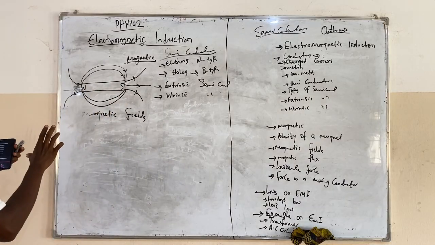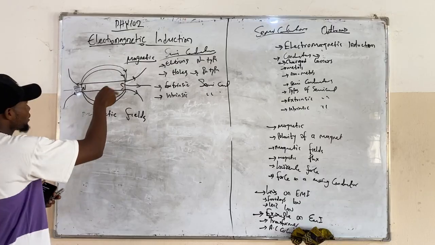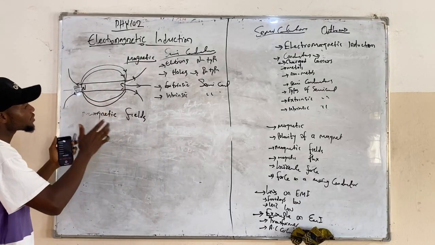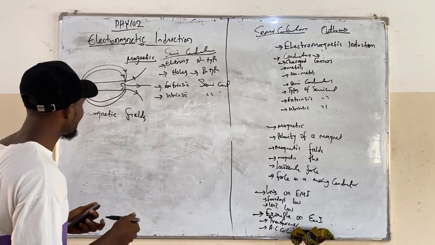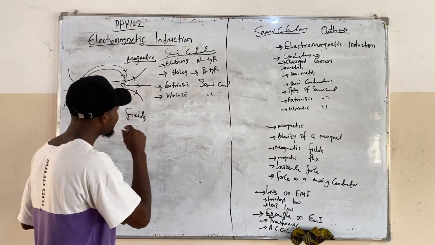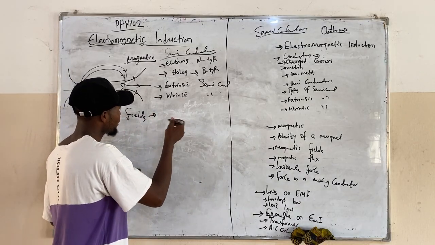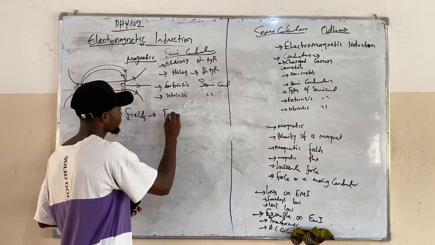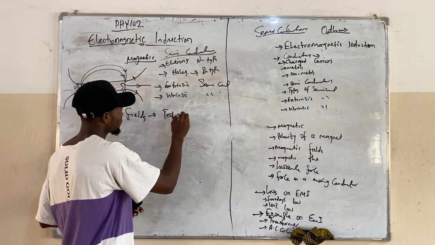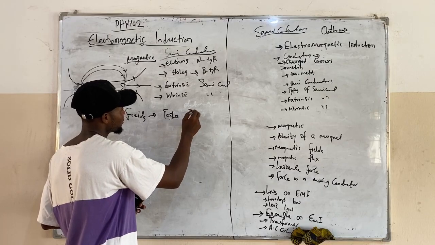Because they are regions of space around the magnet, around this very axis, where the magnetic tendencies are felt. It's usually identified using this word, Tesla, denoted using the letter T.